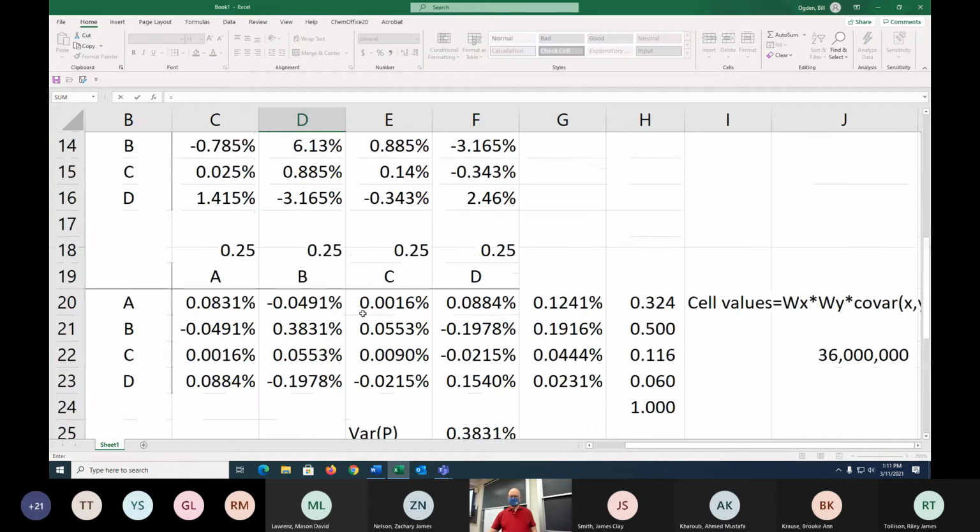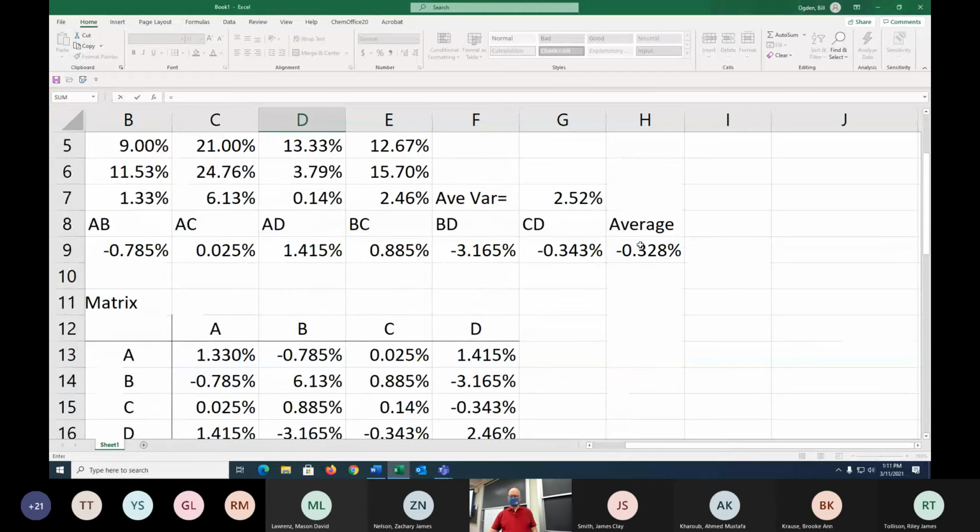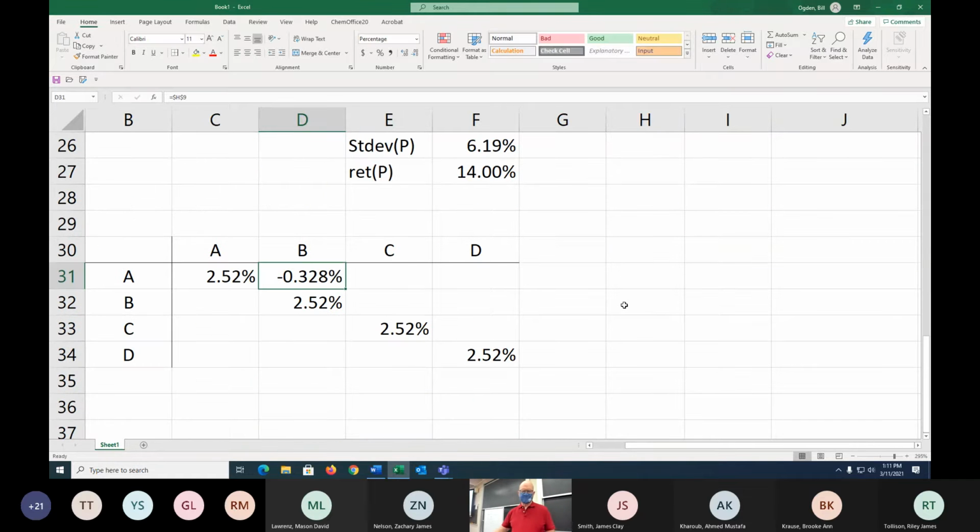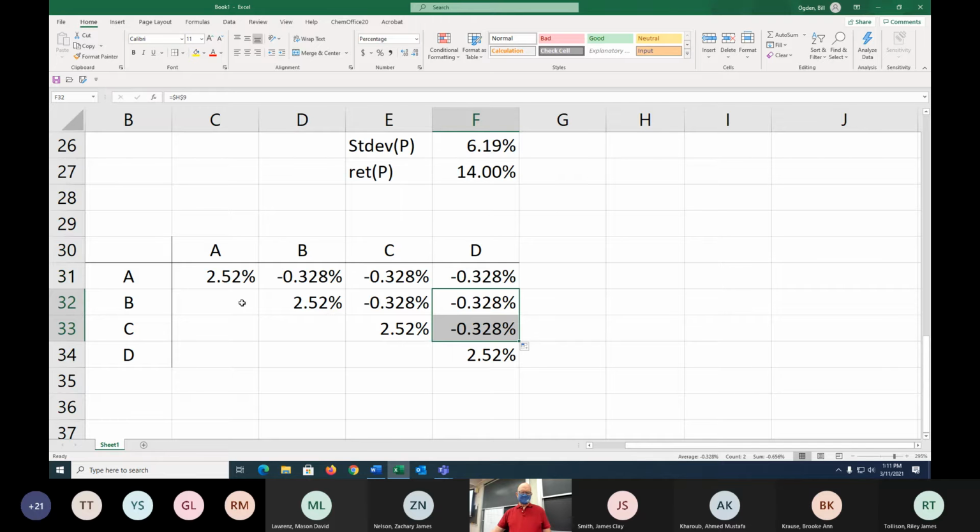Equals, and I'll go up and get it up here. So minus negative 328, right? And I might lock that one too. It's not going to change, obviously. All right, so all of these are covariance terms. These are covariance terms. This is a covariance term. Well, that didn't work.